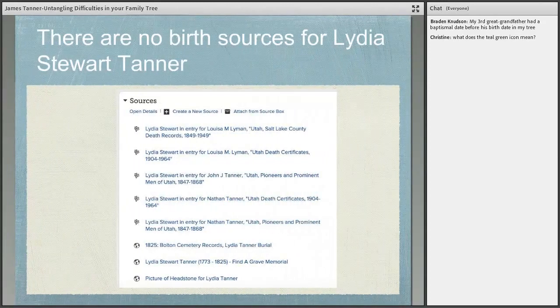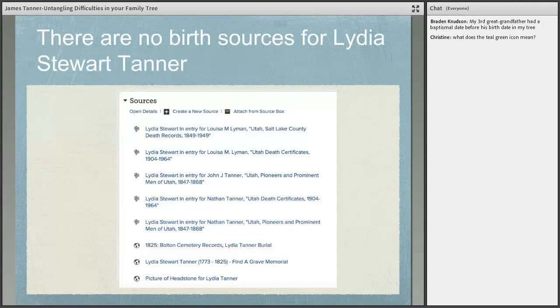Now, I noticed as I looked at Lydia Stewart, as I mentioned with other lines I found in the family tree, that there are no birth sources listed for Lydia Stewart Tanner.